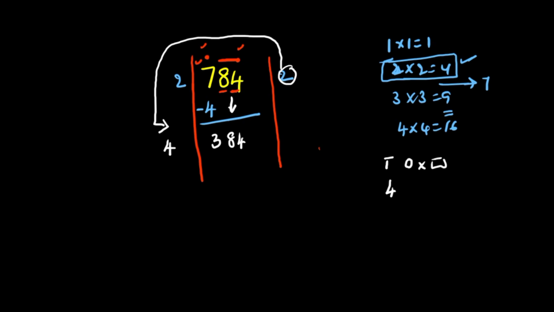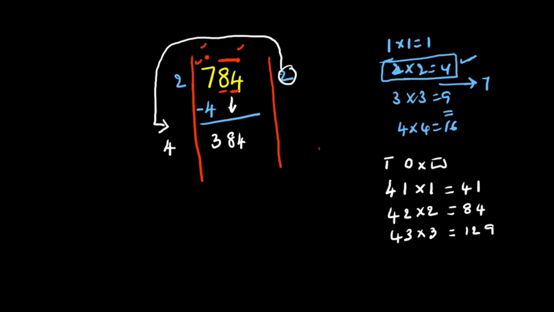That means if you are taking 1, just multiply by 1, then you will get 41. If you are taking 2 in its unit place, just multiply by 2 again, then you will get 84. Now if you multiply with 3, again you should take here 3, then this is 3 3s are 9 and 3 4s are 12, this is 129.